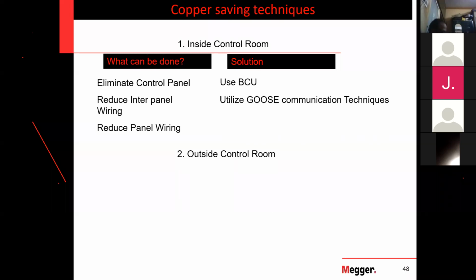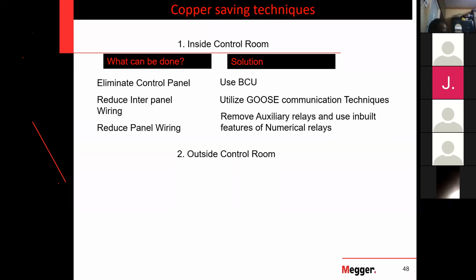The third one, reduce panel wiring: remove auxiliary relays and use inbuilt features of numerical relays. This is the third option. Okay, these three we can do inside the control room. Before we see them one by one, let us see what we can do outside. What can be done outside?